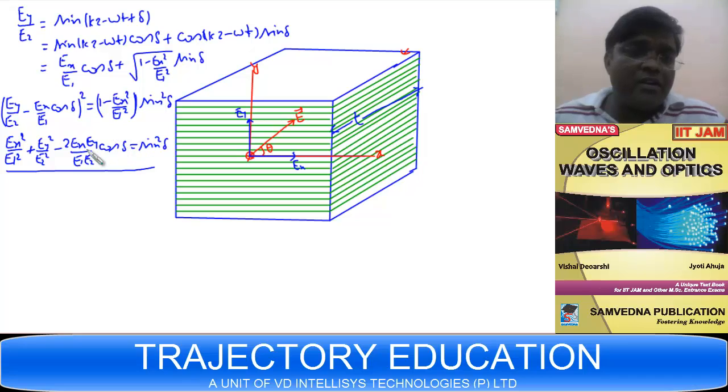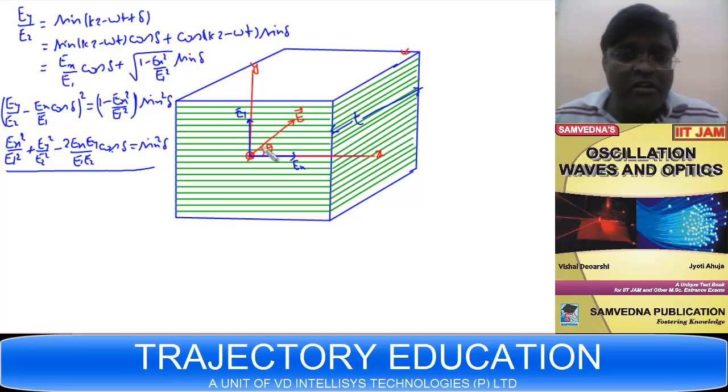This is the relation which the Ex and Ey components of the resultant wave are going to follow: Ex square upon E1 square plus Ey square upon E2 square minus 2Ex Ey upon E1 E2 cos delta equals sine square delta, and delta is the phase difference.